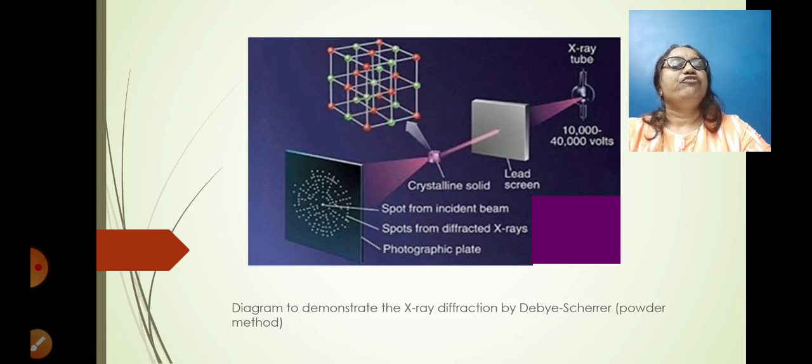The diffracted X-ray beam spots are observed along this region in the form of a circular cone, and we have the spot of the incident beam at the center, and this is the photographic plate.